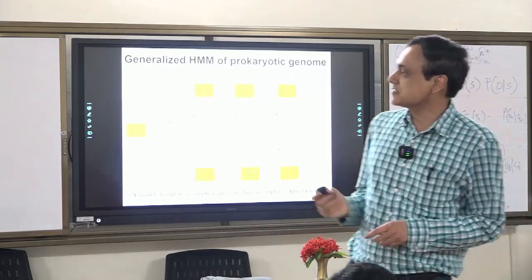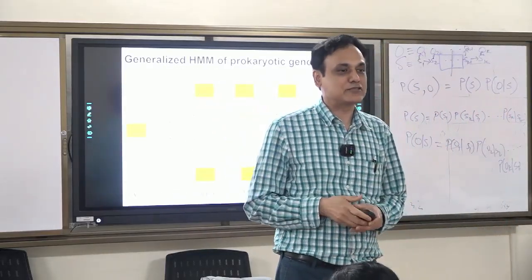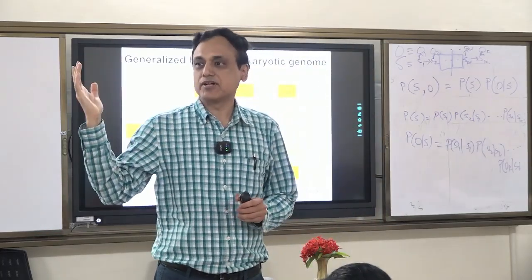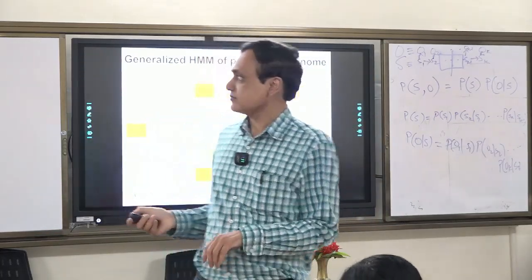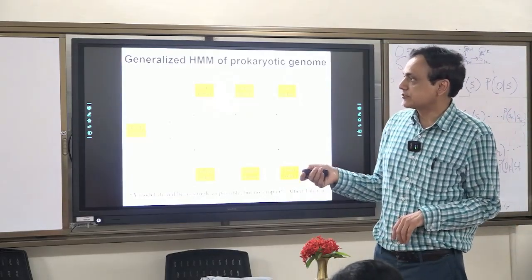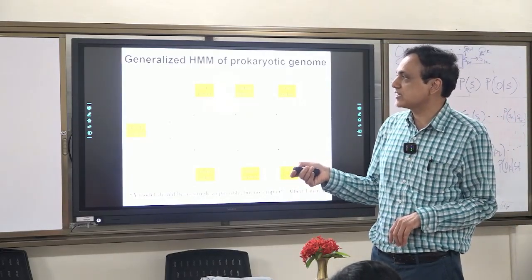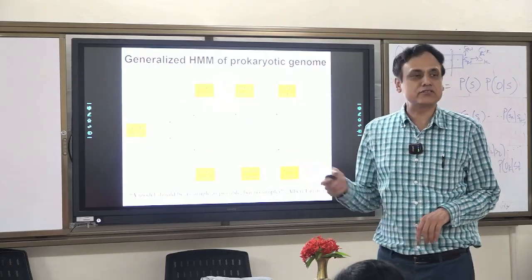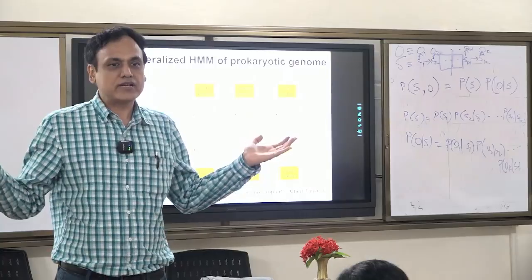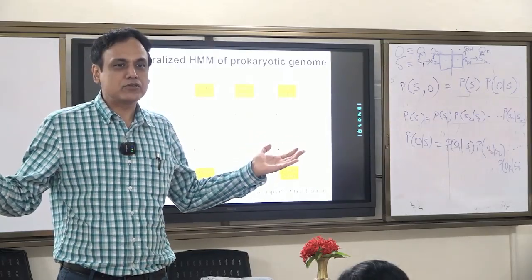The generalized hidden Markov model of a bacterial genome can emit one or more symbols. For example, again, the ovals are the hidden states. So if you happen to start in a non-coding state, then a non-coding sequence will be emitted. Many nucleotides, because a non-coding sequence could typically be multiple nucleotides.